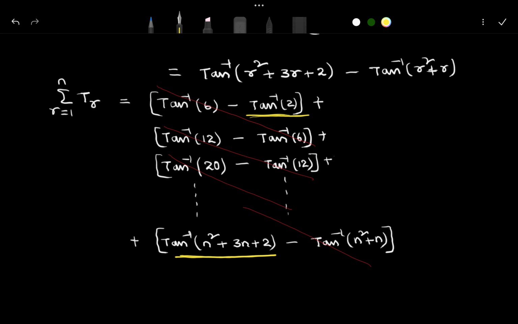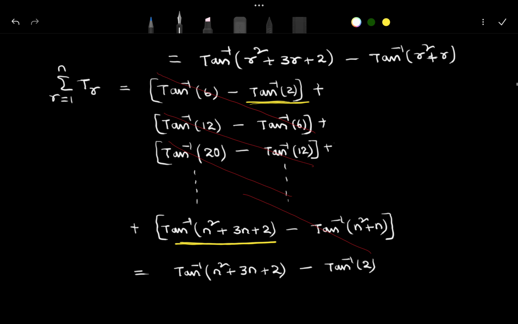So the resultant value you can write is equal to tan inverse of n squared plus 3n plus 2 minus tan inverse of 2.